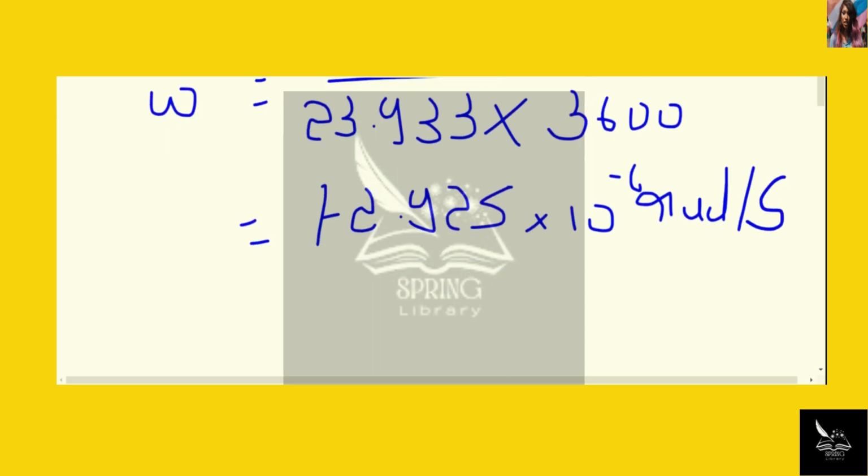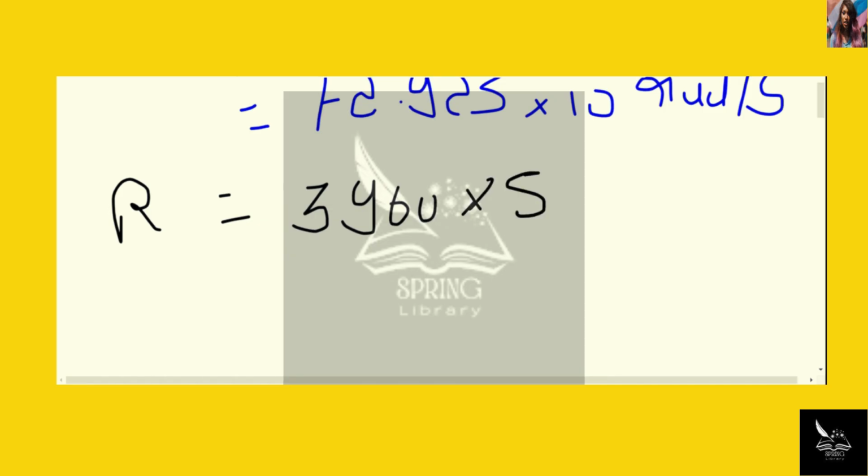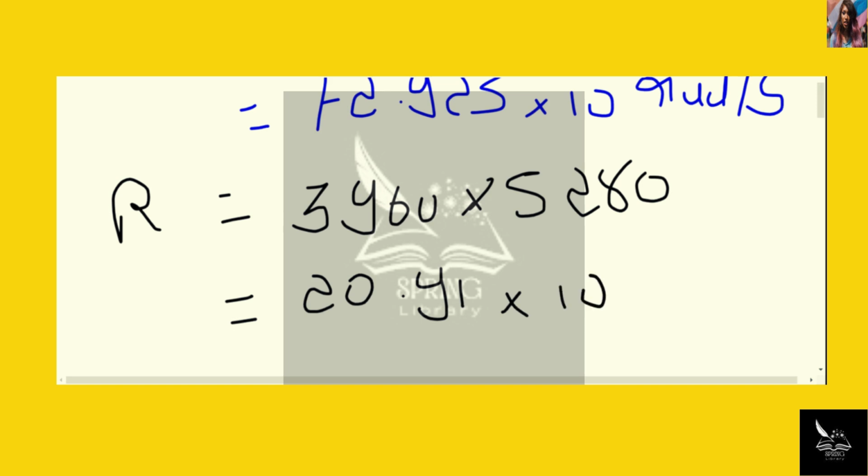Now, the mean radius of the Earth can be calculated as capital R is equal to 3,960 miles times 5,280 feet per mile. So the answer will be 20.91 times 10 to the power 6 feet.